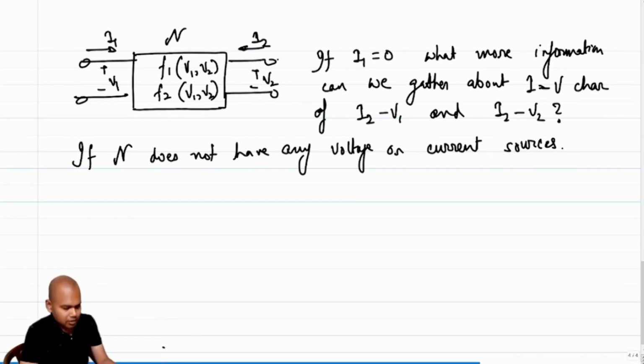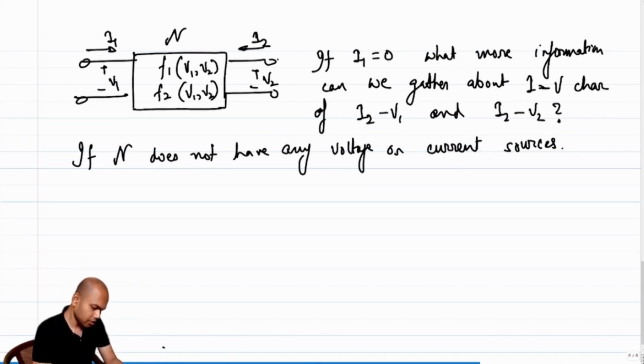We are taking a special case. If N does not have any voltage or current sources, then what do you think will be the total power dissipated in the network? Can we make a comment on the total power that is dissipated inside the network, right?